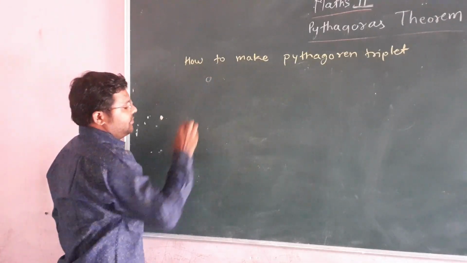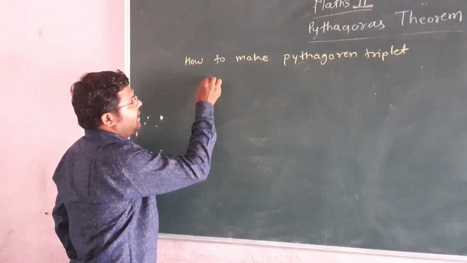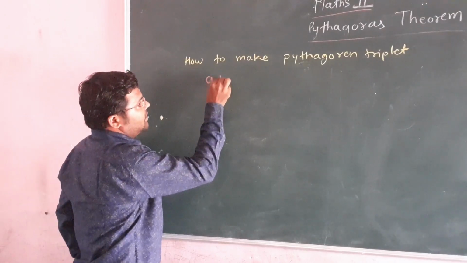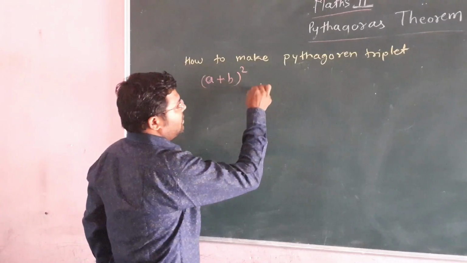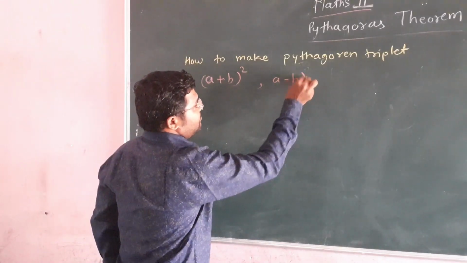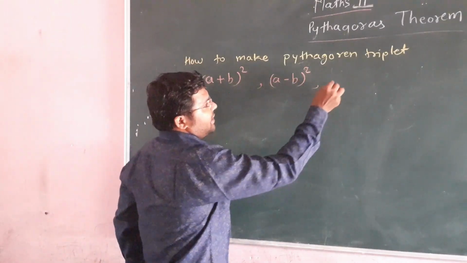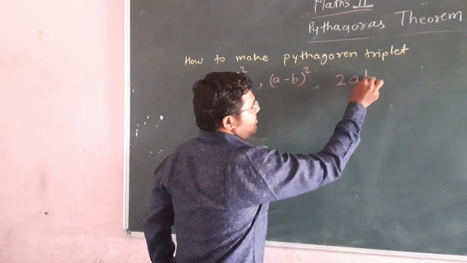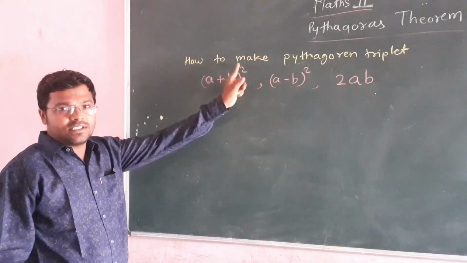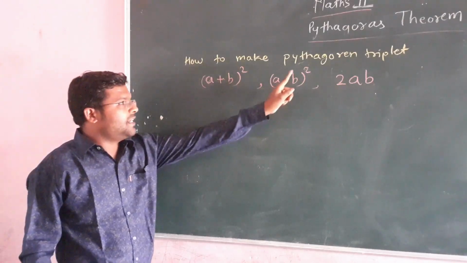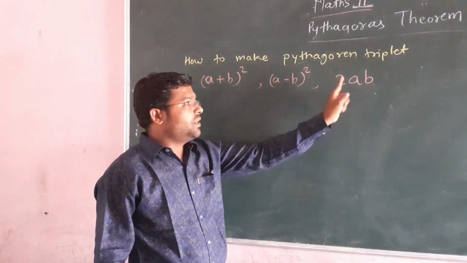The first one is A plus B square, another one is A minus B square, and 2AB. These are the three formulas: A square plus B square, A square minus B square, and 2AB.